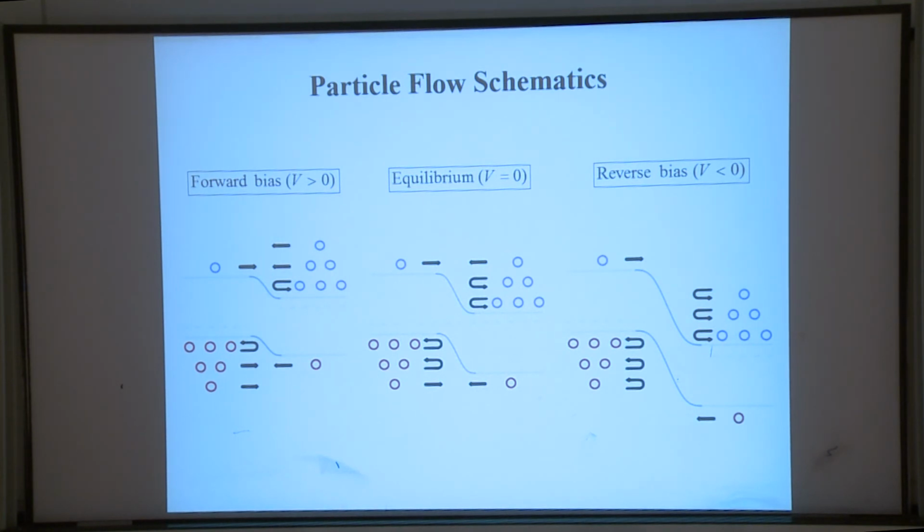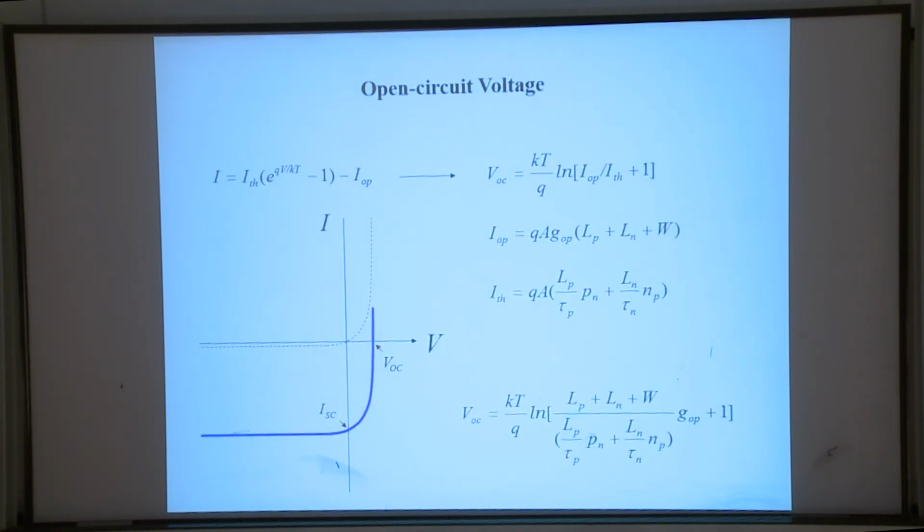This direction will be the same as the photo-generated electrons and holes, generated by the illumination. Under illumination, we repeat this equation, so the curve will be offset downward instead of going up.